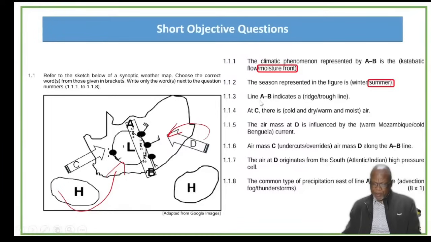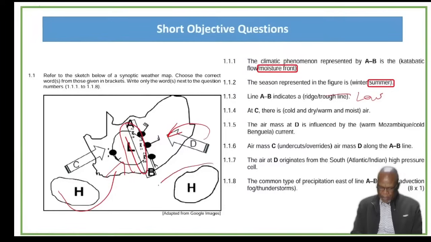It says line AB indicates a ridge or a trough. Now you need to know the difference between a ridge and a trough. What is this? This is a low pressure, and the low pressure is extended. A trough is an extended low pressure. Once it is extended like this, it's called a trough.